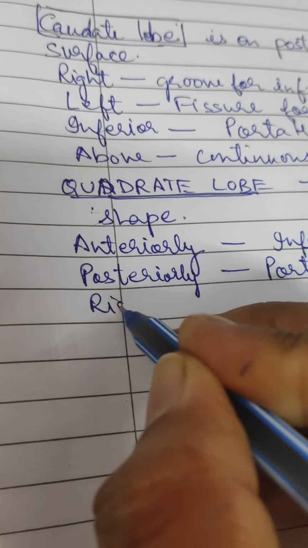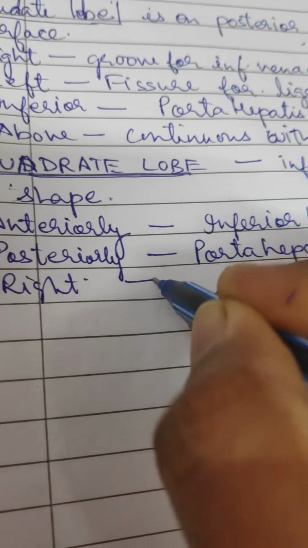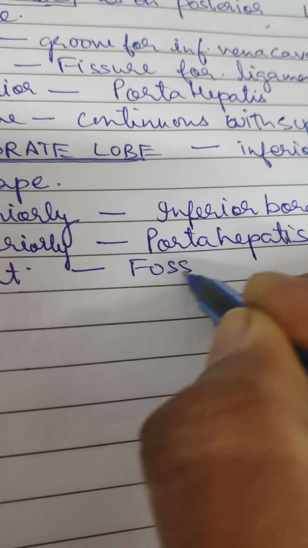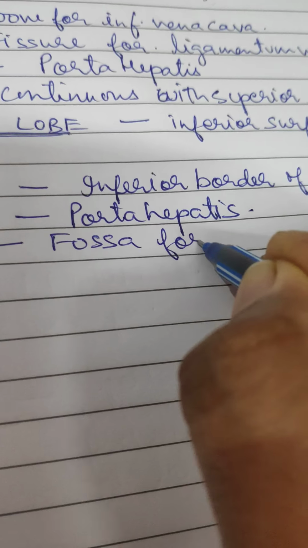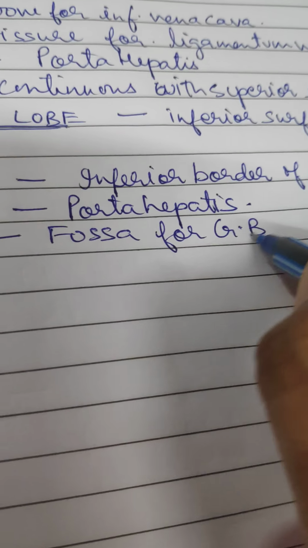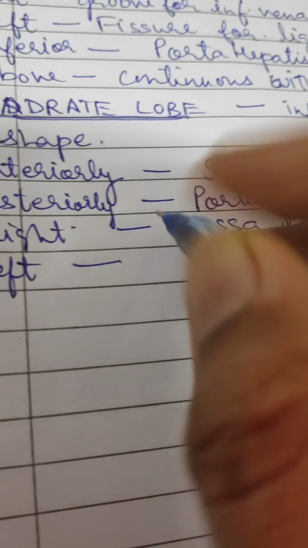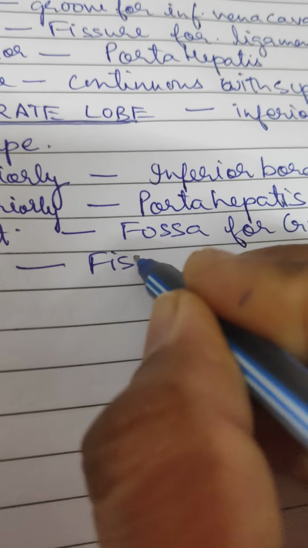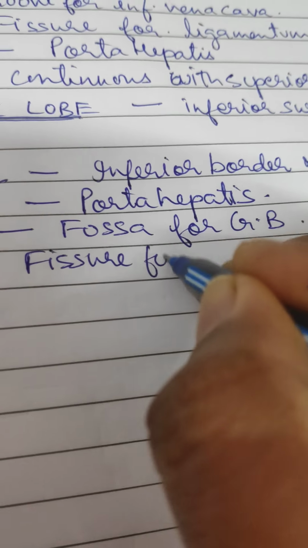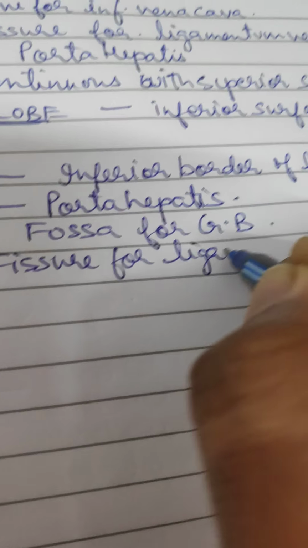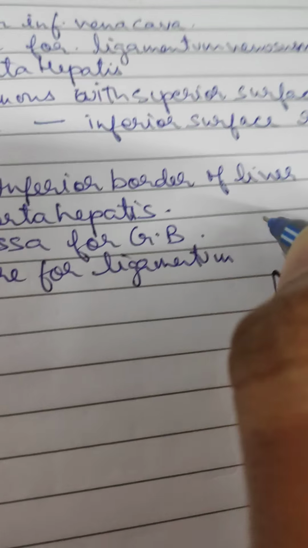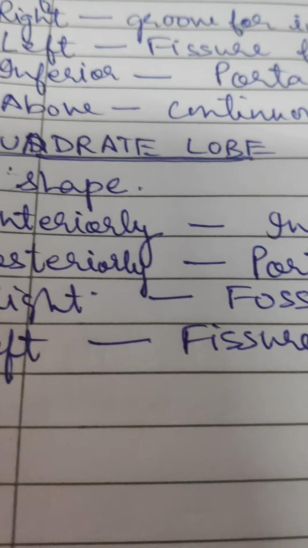On the right side it is having the fossa for gallbladder. Clear? On the left side this is having the fissure for ligamentum teres. So these are the four boundaries or the relations of the quadrate lobe.